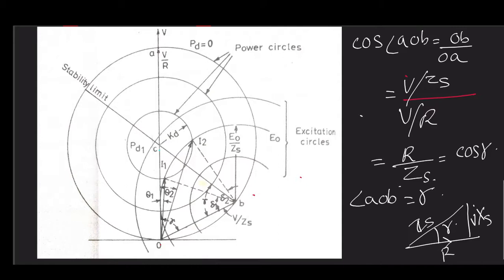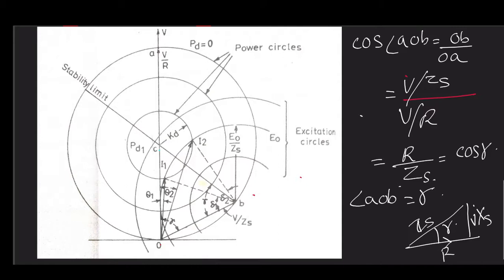Now see, the issue here is very simple: the intersection between our excitation circle corresponding to a particular value of E naught and PD locates the position of armature current.